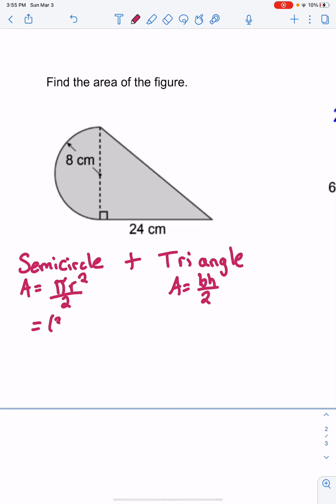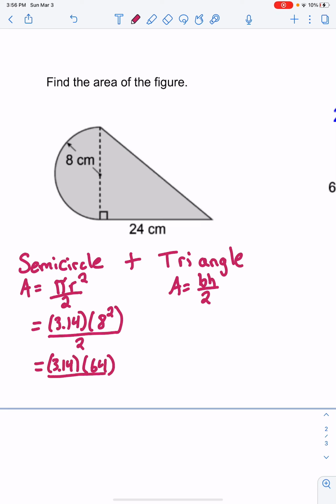So for the semicircle, we've got pi times the radius squared. We know pi is 3.14. And they gave us the radius, the distance from the center of the circle to the edge of the circle, which is 8 centimeters. So I'm going to do 8 squared times 3.14, and then divide by 2 to find half. Start with the exponents. 8 times 8 is 64.